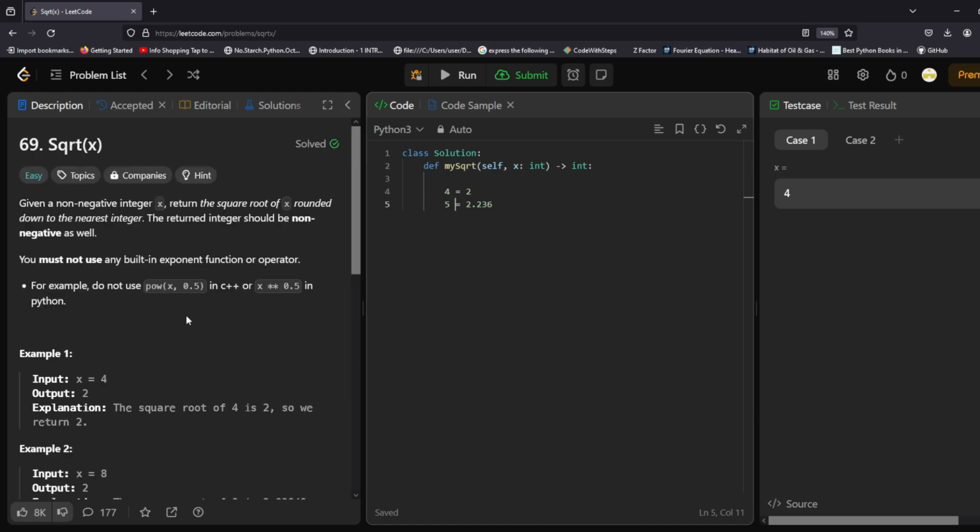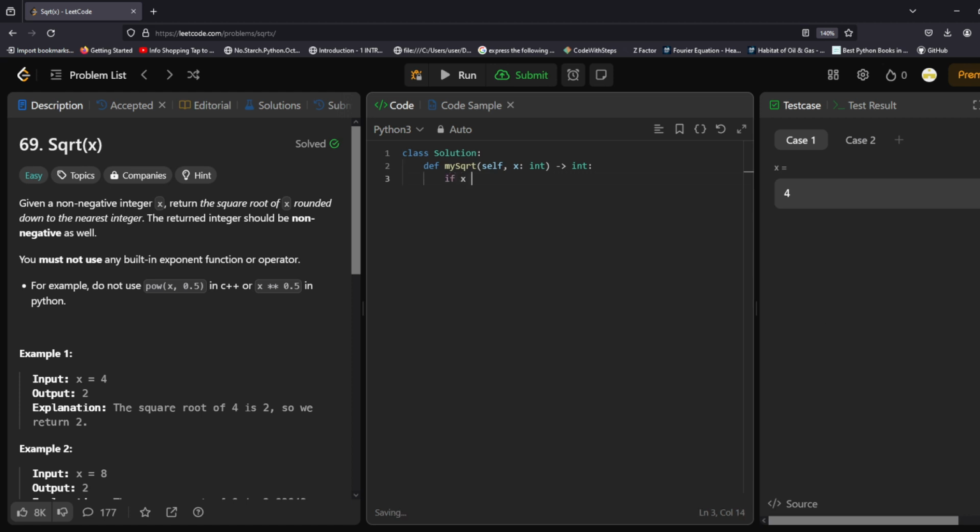Okay, we can't use the normal methods, these shortcuts. So basically, to start, we know that the square root of 0 and 1 is always going to be the number itself. So we could just get started with that.